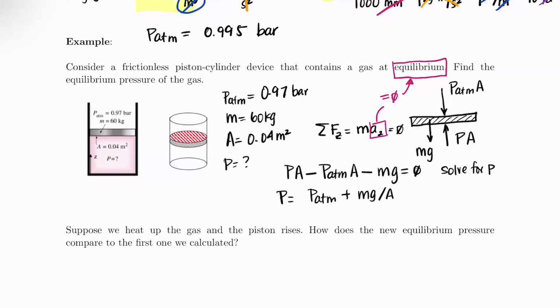And we have all of these things, right? So we have P atmosphere, we have M, we know G, and then we also have A. All right, so we can just plug in our values that we have and solve this problem.